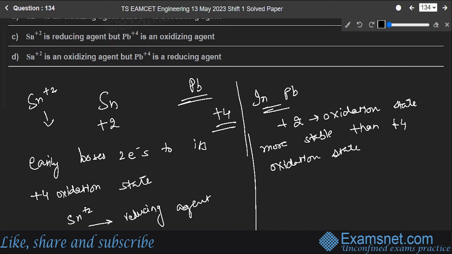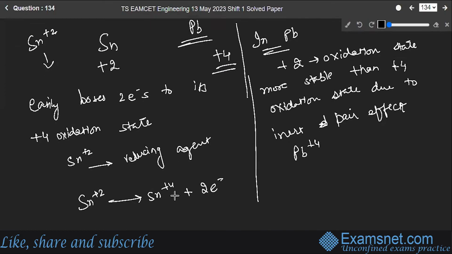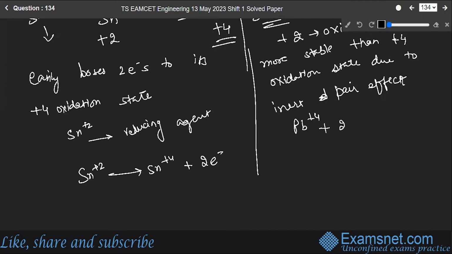Due to inert pair effect. Therefore, Pb plus 4 can easily gain 2 electrons to form Pb plus 2, acting as an oxidizing agent because it gains 2 electrons.